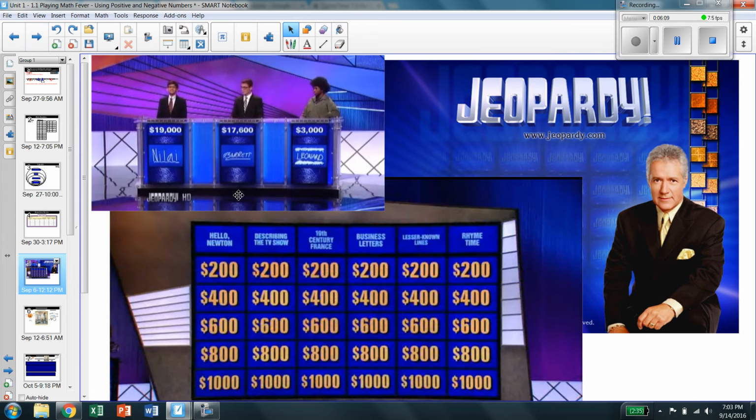So same idea, answer the question correct, you get those points. Answer it wrong, you lose those points. And we see some contestants from last year, they're all doing pretty well, but sometimes if you're not doing well, you have a red number here and it's a negative number. And we're going to use this idea to think about how positive and negative numbers work.